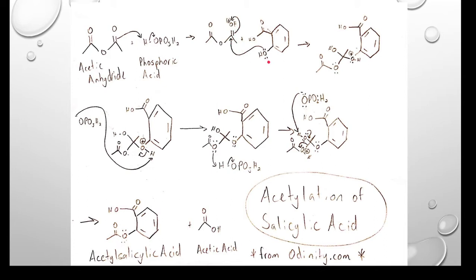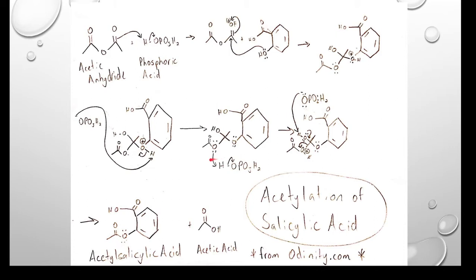Then, the lone pair from the phenol group bonds with the carbon that is part of this ion here. Then, the deprotonated acid takes a proton from the positively charged oxygen, and then the electrons go to the oxygen.